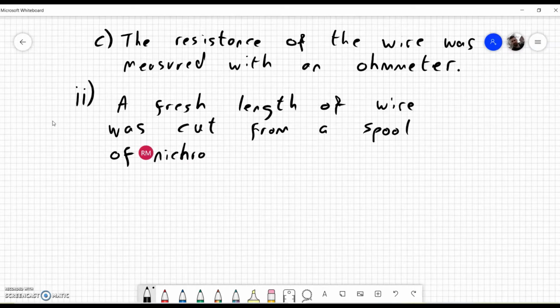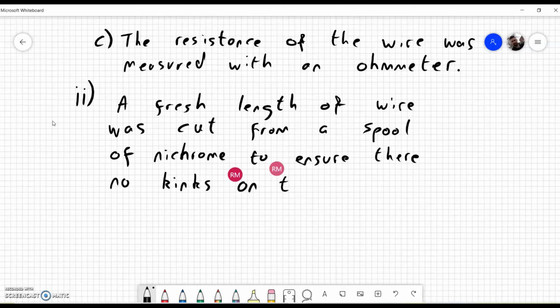The reason you want to use a fresh length of wire is to ensure there were no kinks in the wire. There's less likely to be damage in the surface of the wire when you use something fresh straight off the spool. Now that's enough to give you full marks, but I'm also going to put in the second sentence, and realistically you should always do both of these.